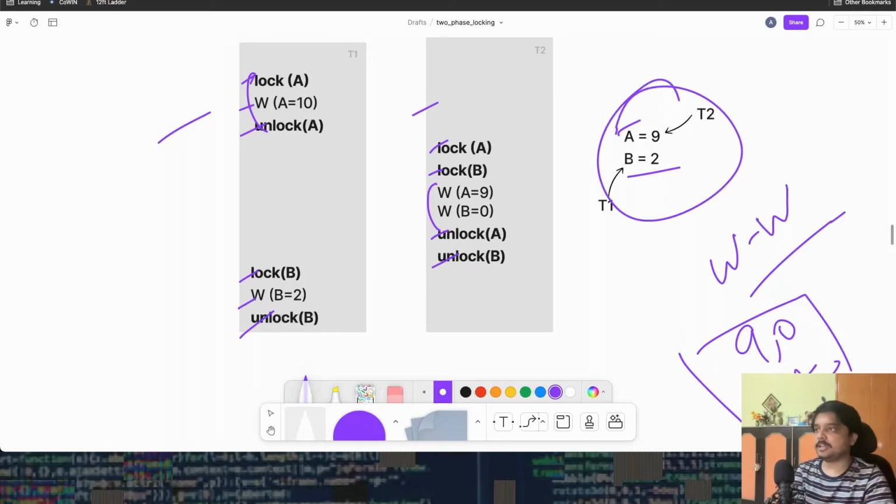See, what is happening here, the problem with these two transactions is that T1 is changing some piece of data and then it's letting other transactions run free. So T2 comes in and does all the changes it needs to do. And then T1 says, okay, I need another lock on B and change the data.